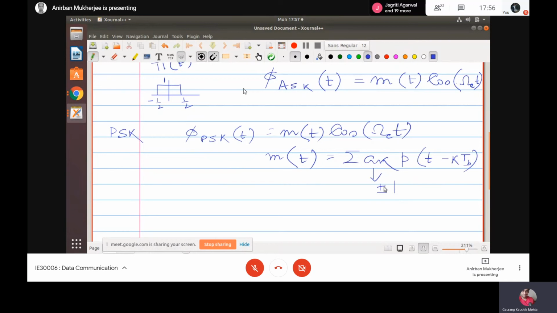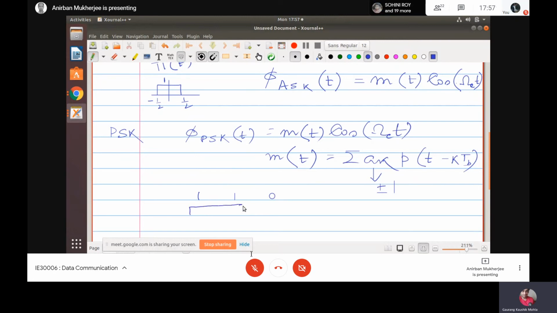Now if I do this, then what will happen? In the phase, earlier I used ak as 1 and 0. Here I am using 1 and minus 1. Say I have a signal like 1, 1, 0. Then what is my waveform?